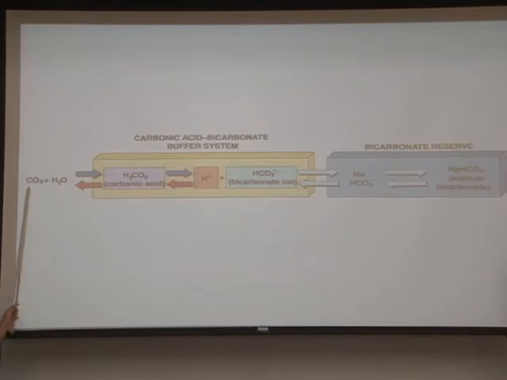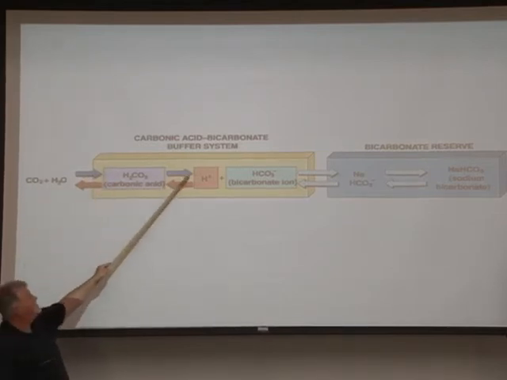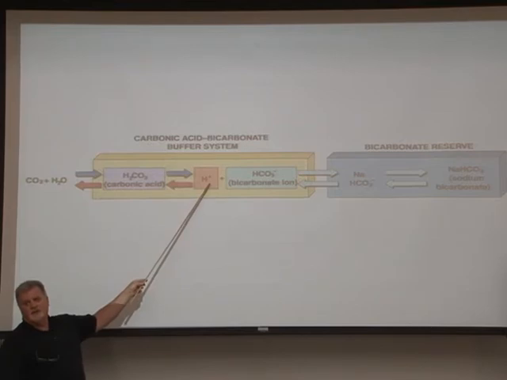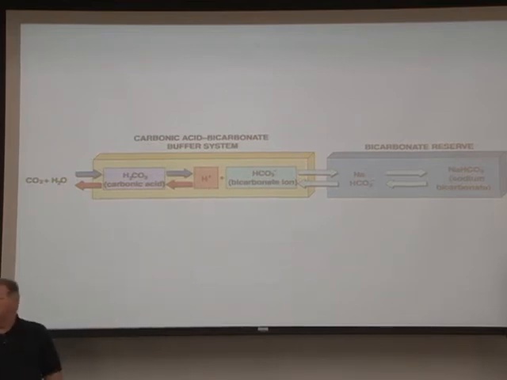If we're withdrawing carbon dioxide from our blood, then we're reversing the equation. So an elevation of carbon dioxide creates this. A decline in carbon dioxide creates the bottom one, and we would lose hydrogen ions. So as we lose hydrogen ions, the blood would become more basic, and we would enter a state of alkalosis.